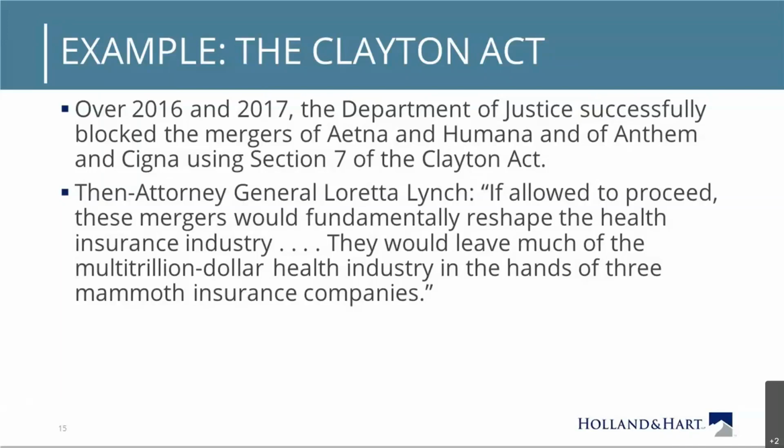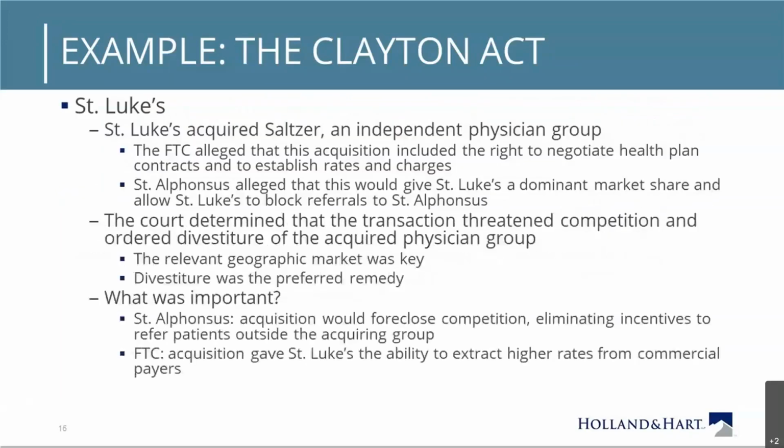And then Attorney General Loretta Lynch pointed out their concern, the agency's concern, if allowed to proceed, the mergers would fundamentally reshape the health insurance industry. They would leave much of the multi-trillion-dollar health industry in the hands of 3 mammoth insurance companies. And we'll come back to talk about the power that dominant insurers have in the healthcare industry.